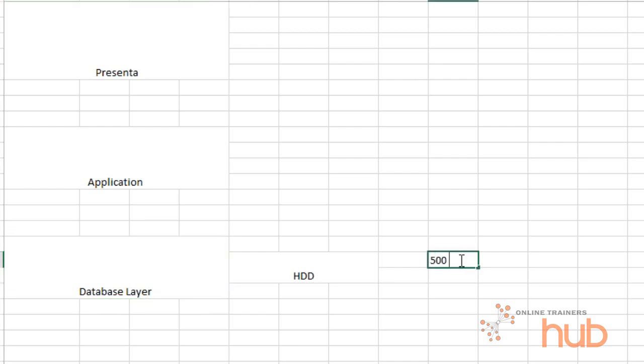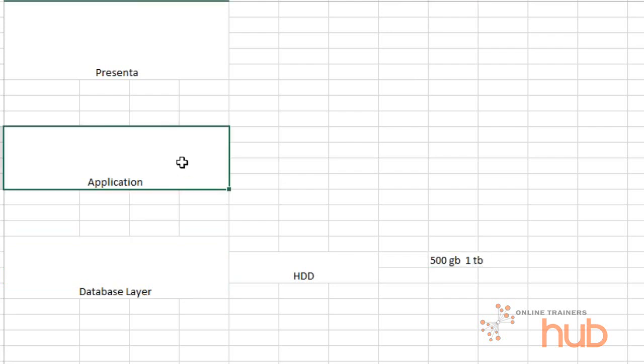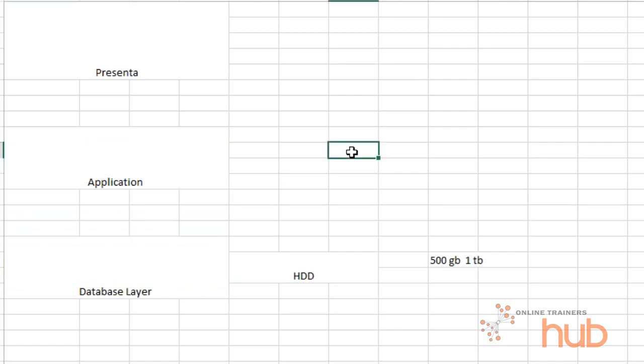And the application in RAM has limited capacity, maybe 6 GB or 8 GB of RAM at most. Or in high-end systems, you can have 32 GB to 64 GB of RAM only.